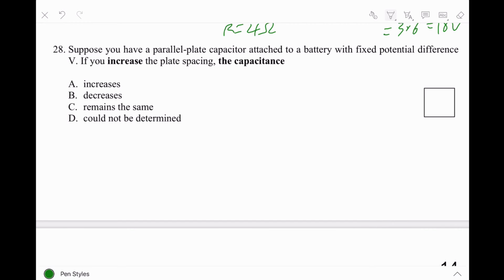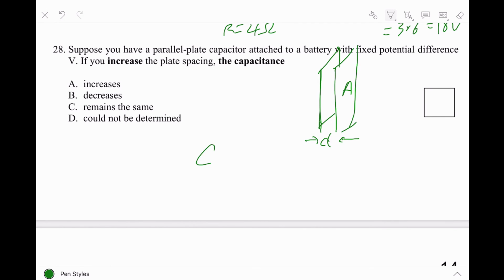Number 28. Suppose you have a parallel plate capacitor connected to a battery, fixed potential difference. If you increase the plate distance, so remember this is D, and you got the A here.